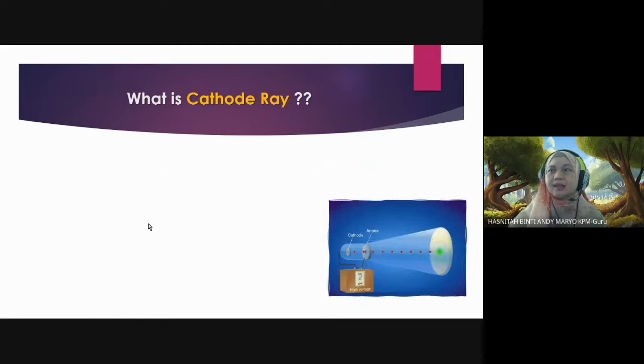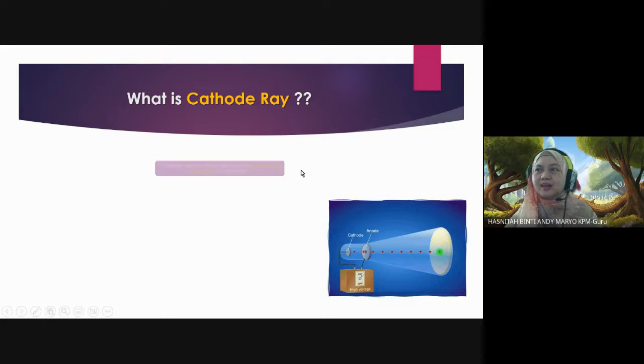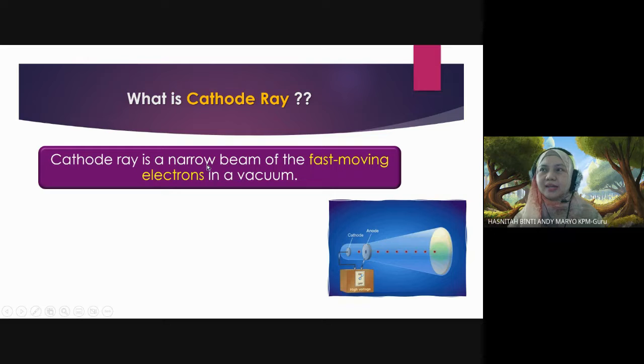Next, what is cathode ray? You understand the first one, thermionic emission. Second is cathode ray. Have you ever heard of cathode ray? Electron beam, yes. So cathode ray is a narrow beam of fast moving electrons in a vacuum.